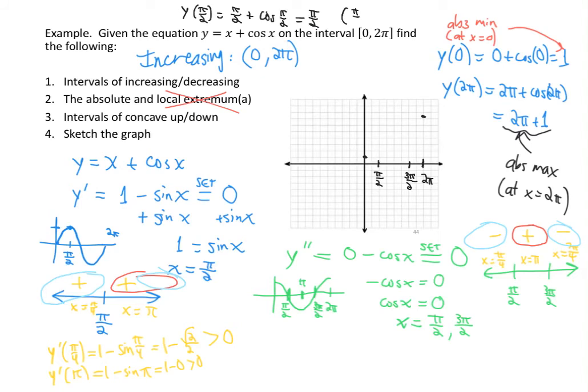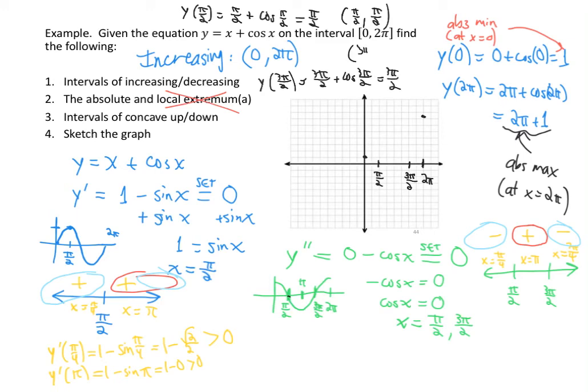So we have pi over 2 comma pi over 2, because cosine of pi over 2 is 0. And then y of 3 pi over 2 is 3 pi over 2 plus cosine of 3 pi over 2, which is 3 pi over 2.